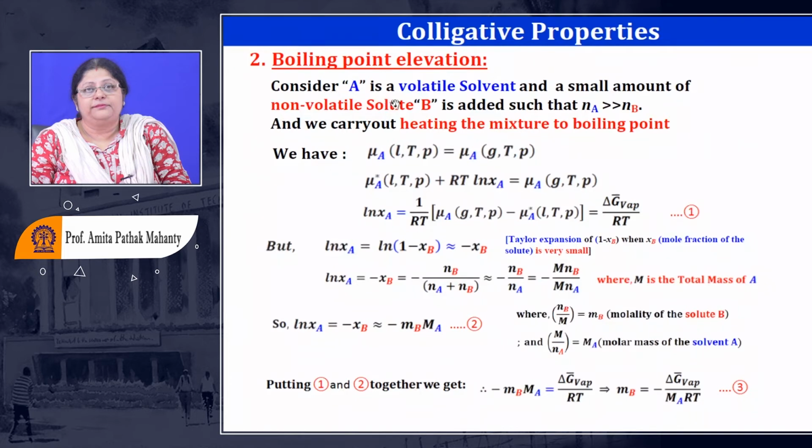A solute B is taken and a solvent A which is volatile. And the additional thing we have to remember in the assumptions is that the solute does not dissolve in the solid solution at the freezing point. So that is the condition you have to remember when dealing with the freezing point.